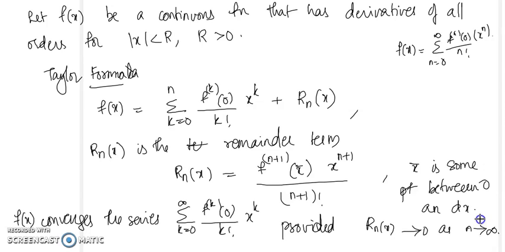So if the remainder term converges to 0 as n tends to infinity, then in that case only the series will converge to f of x. So that is the condition for your function to have an expansion of this form. The remainder term must converge to 0 as n approaches infinity.